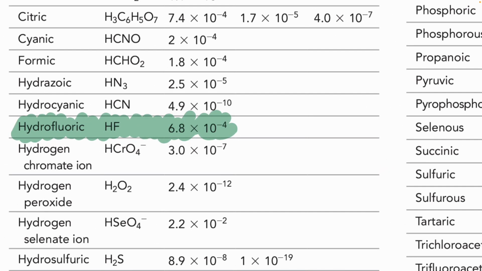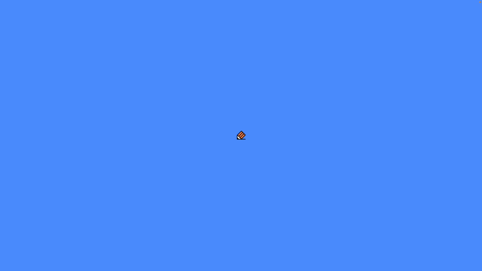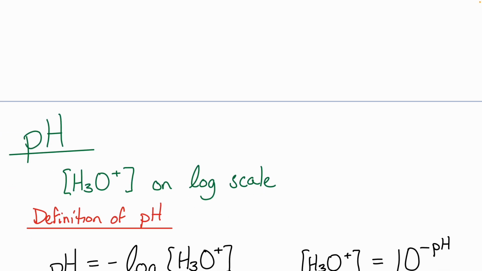My hydrofluoric acid Ka value is 6.8 times 10 to the negative 4. So for my Kb value, I would do 10 to the negative 14 divided by 6.8 times 10 to the negative 4.